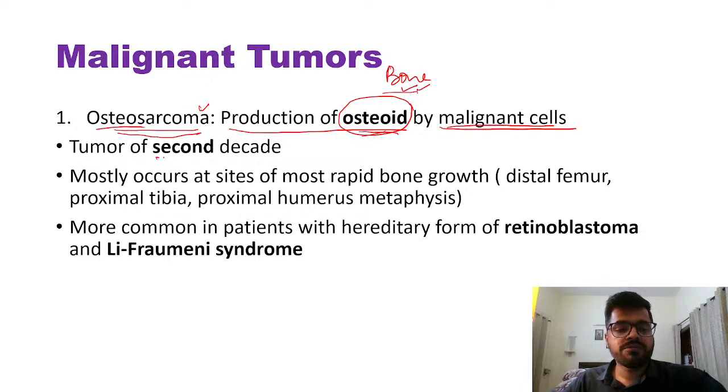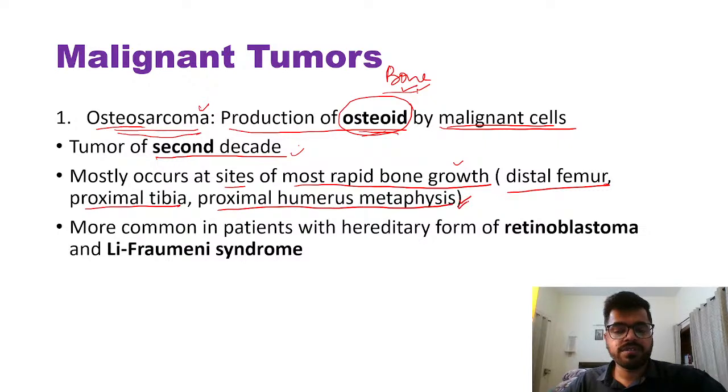It occurs most commonly in the second decade, and it mostly occurs at the sites of most rapid bone growth. As I told you previously, the most rapid bone growth areas are around the knee, that is distal femur, proximal tibia, and proximal humerus metaphysis.